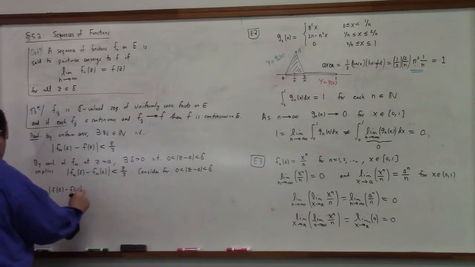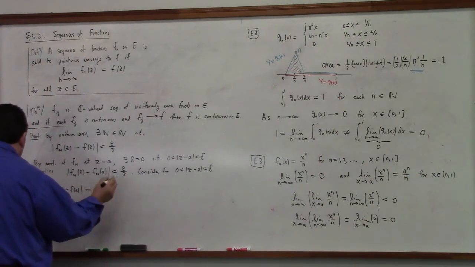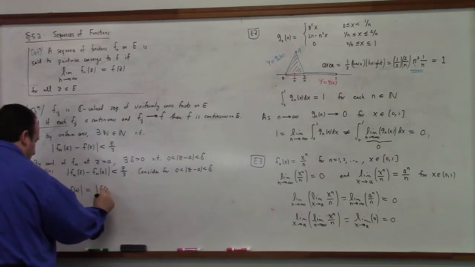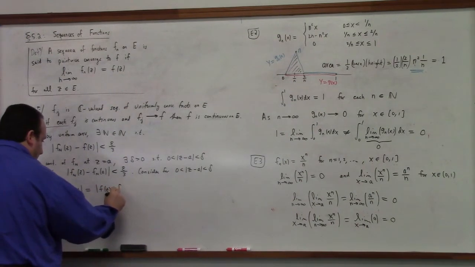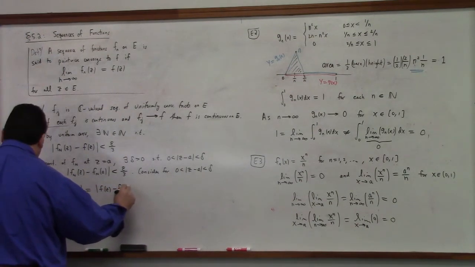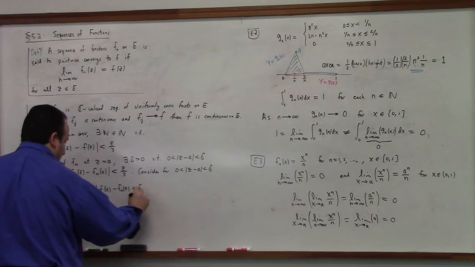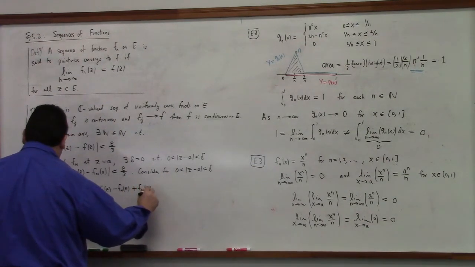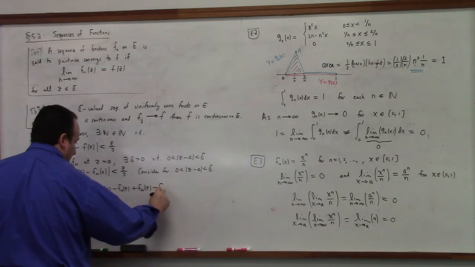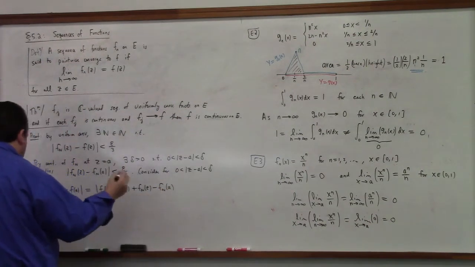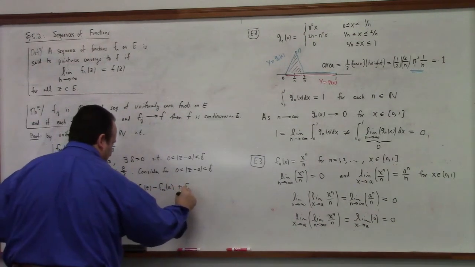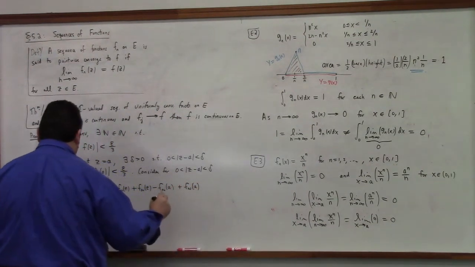This is a little bit tricky, but it is equal to adding 0: f of z minus fn of z plus fn of z minus fn of a plus fn of a minus f of a.